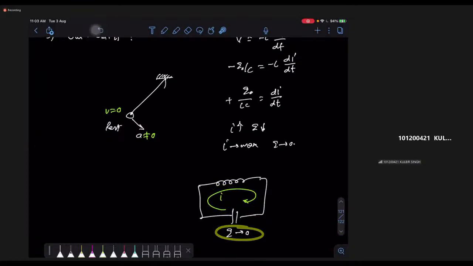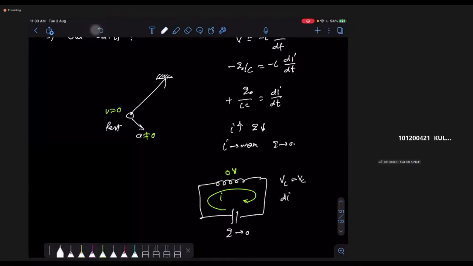When your charge goes to 0, the potential across the inductor also goes to 0, right? Because the potential across the inductor and capacitor are the same. Both are the same. The inductor and capacitor are always in parallel. So whatever potential you have on the capacitor, the same is the potential you have across the inductor.